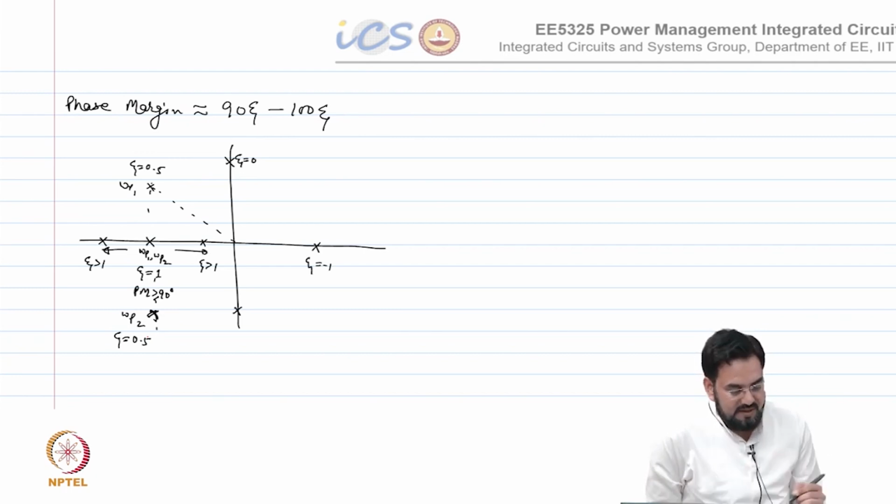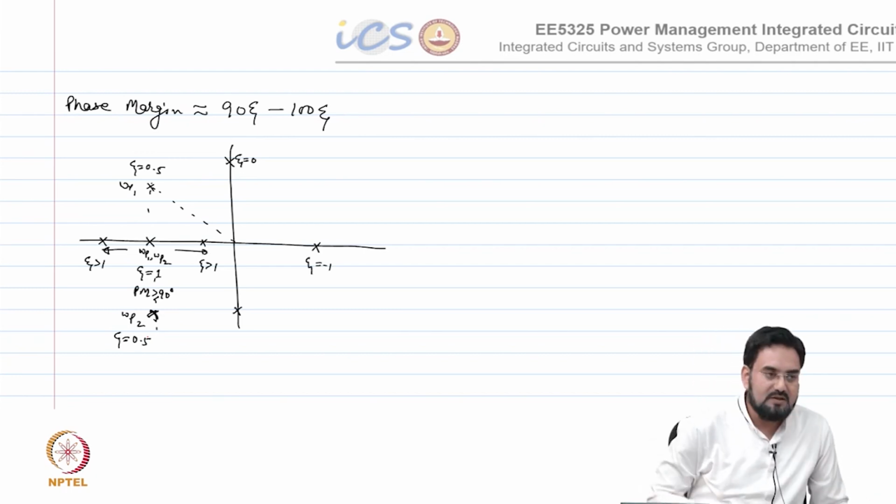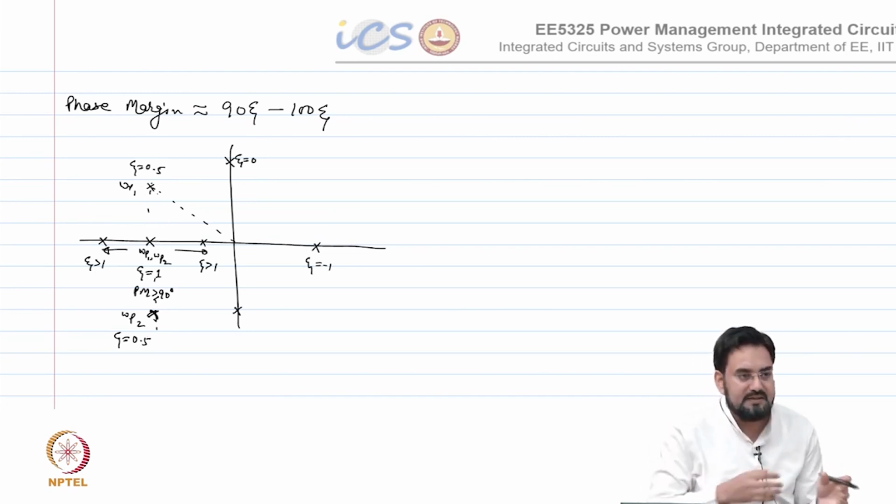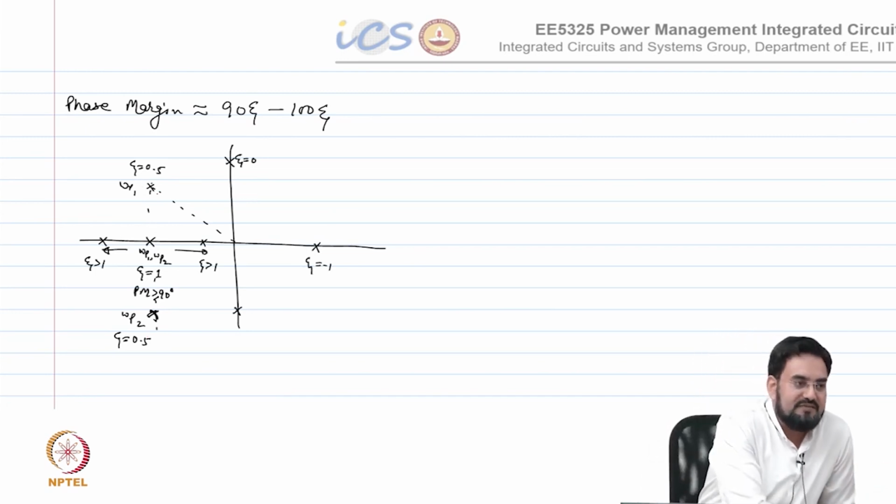So, in order to have a good stable system, I want my zeta to be more than 0.5. Okay, or phase margin more than 45 degrees.